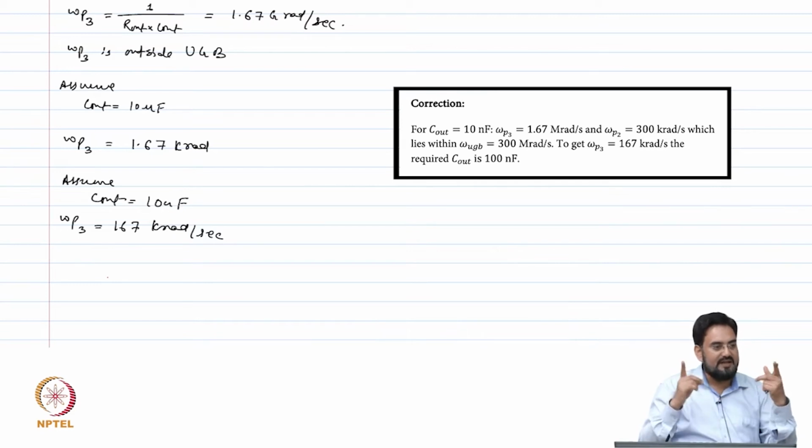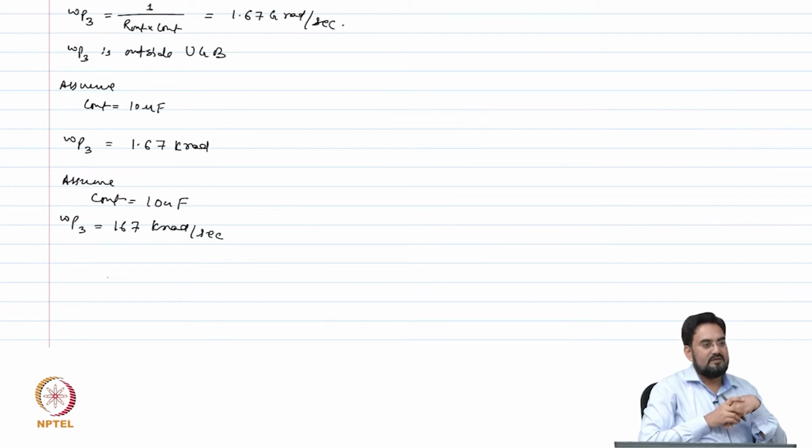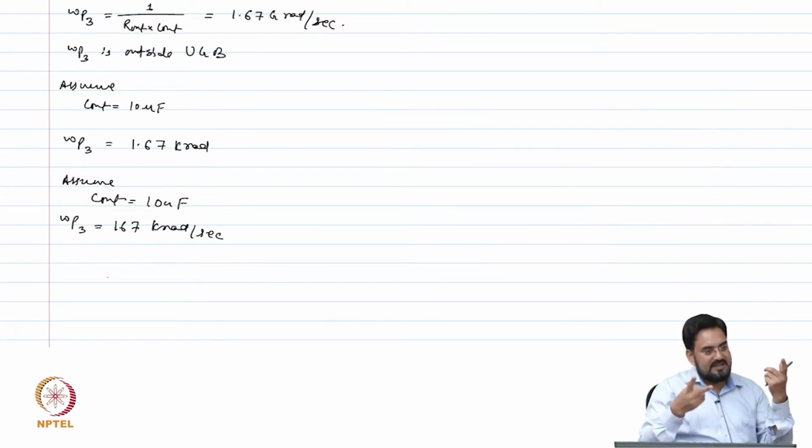If you are designing for a very low C out cap, then for this particular load current you may not have to compensate, but the problem is your load can be 0 also, you do not know. So both cases you have to consider.